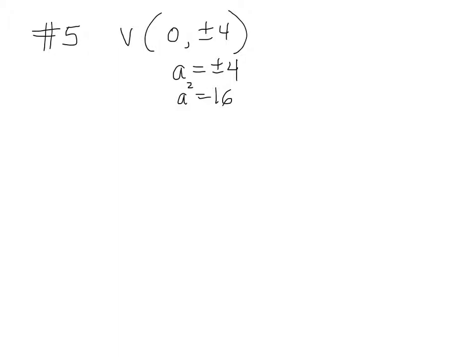Then the foci are at 0 plus minus 6 square root of 5. Okay. So then, if you try to do this problem, none of the answers are going to be the correct answers.